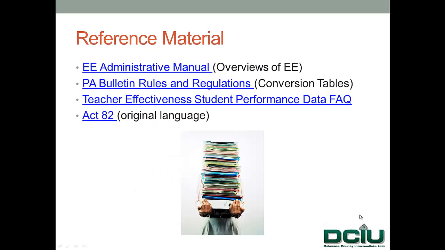Before we move on, the reference material that we are talking about in this presentation today is presented here. There are four source documents that I would point you to as we discuss the different components of educator effectiveness. The first is the Educator Effectiveness Administrative Manual found on PDE's website.